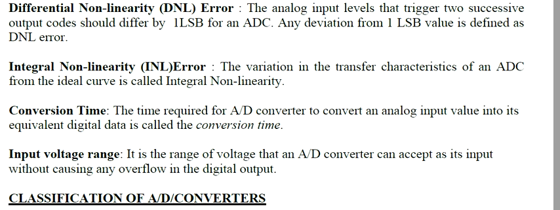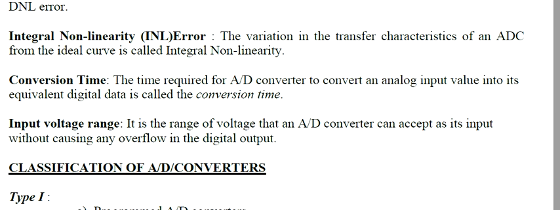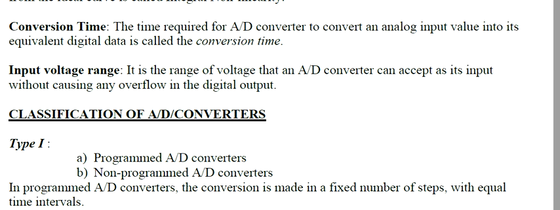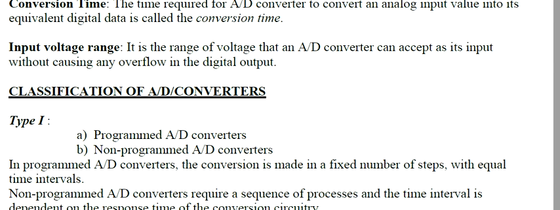Next, classification of analog to digital converters. The type 1 classification includes programmed and non-programmed analog to digital converters. In programmed analog to digital converters, the conversion is made in a fixed number of steps with equal time intervals.